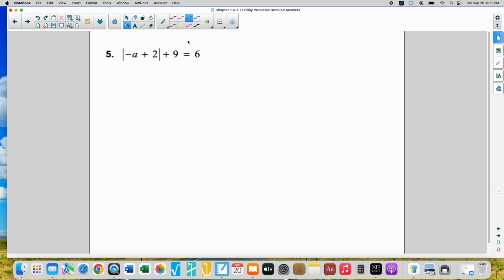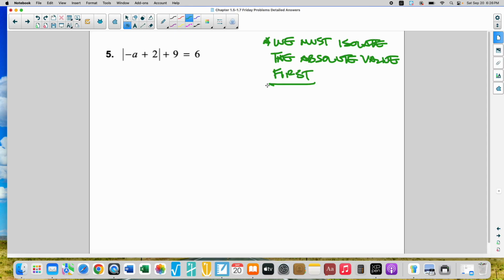Now, important, when we have absolute values and things are happening to it, we must isolate the absolute value first, before writing the positive and negative value.